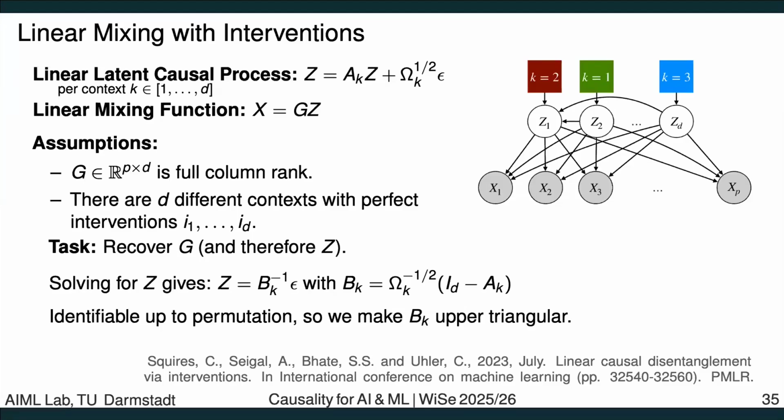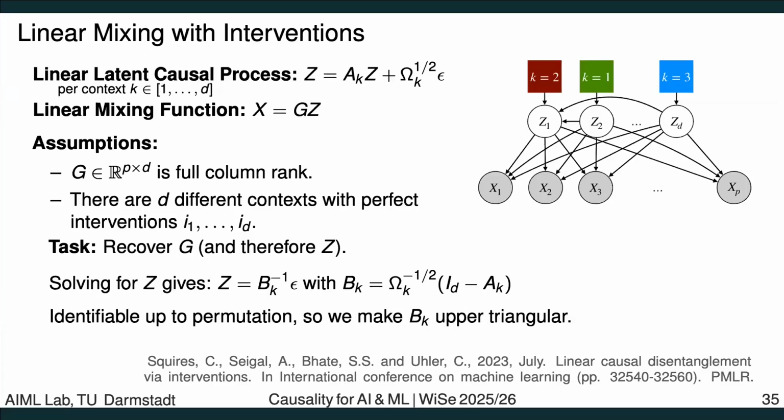A general thing that we more or less always need is that this mixing function is full column rank, which basically means, in this setting where we don't consider time or something, that if I have fewer observed variables than I have latent variables, it requires me to mix together some of the latent variables, right?